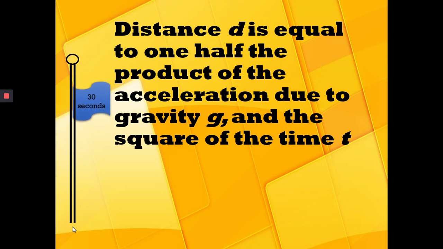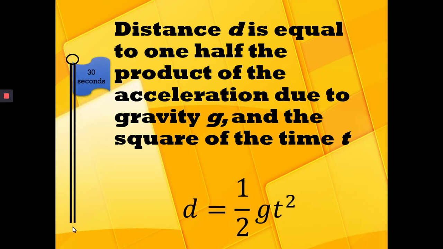Time's up. So the answer is D, or the distance, is equal to 1/2 times the gravity times the time squared. That is just the preparation for you guys for this topic.